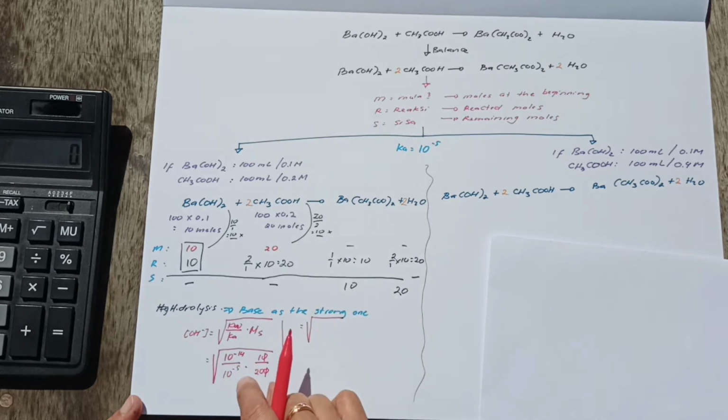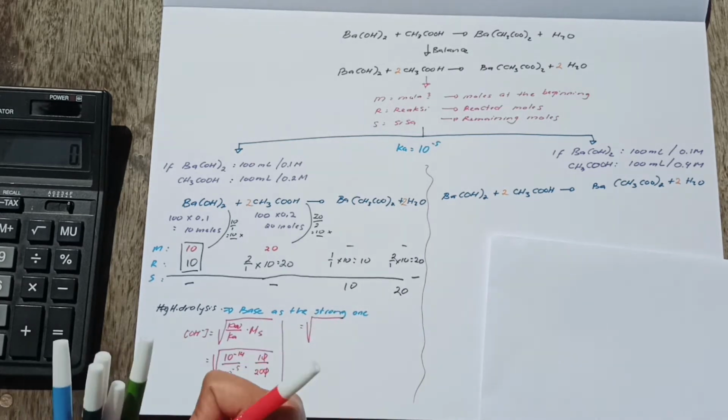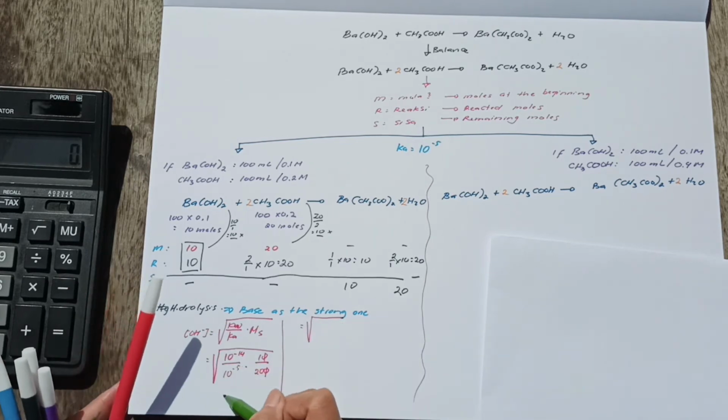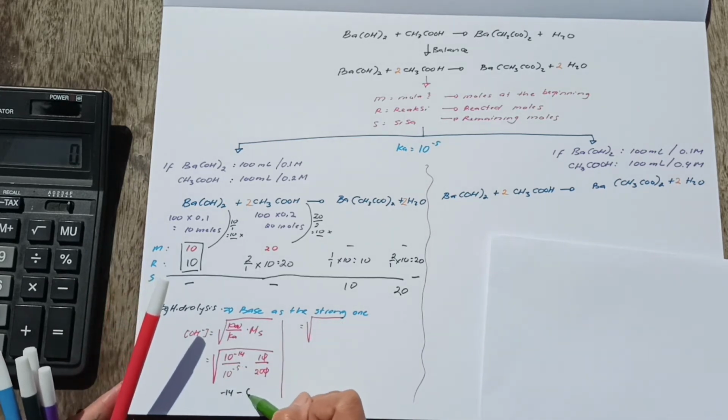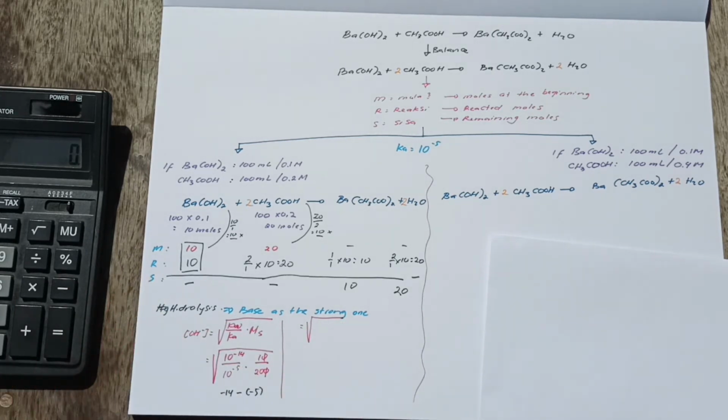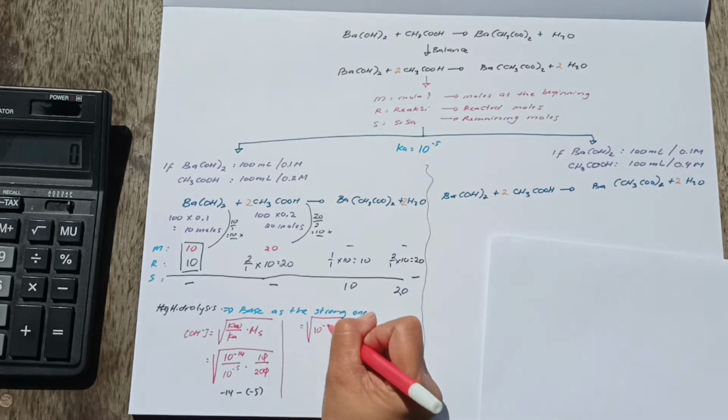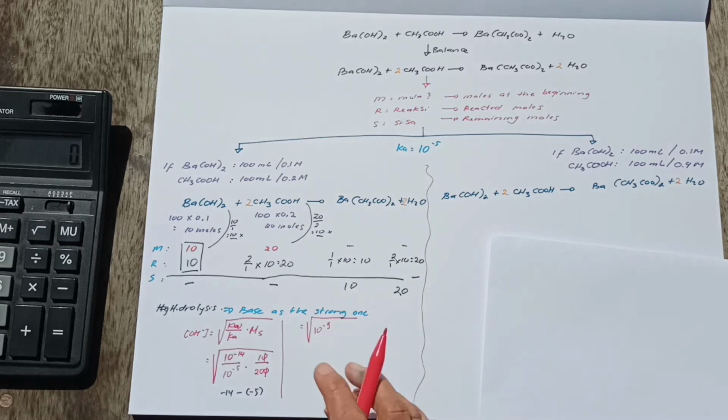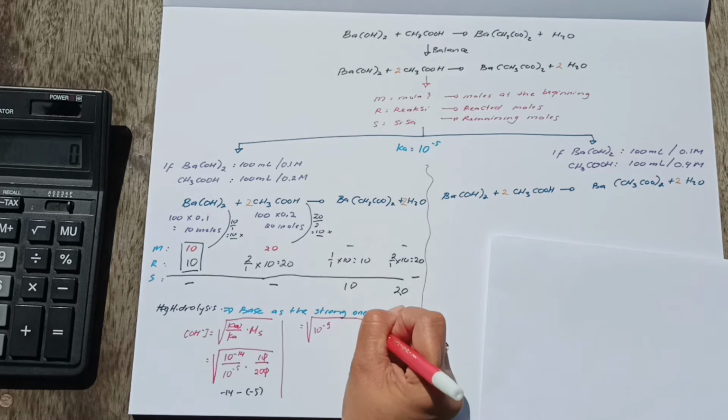So this is going to be minus 14 minus 5. So this will be 10 to the power of minus 9. And then 10 divided by 200 is going to be 0.05.